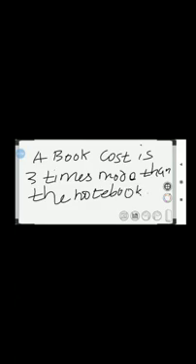Can you understand students? A book cost is 3 times more than the notebook. So this kind of we have to write. Here I didn't mention any variable, so simply I did that one statement.